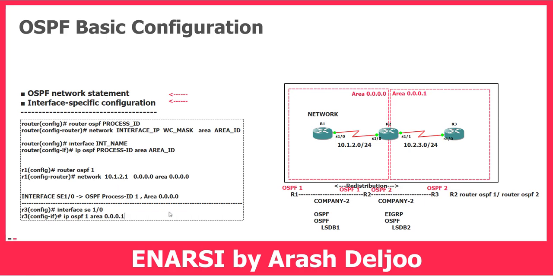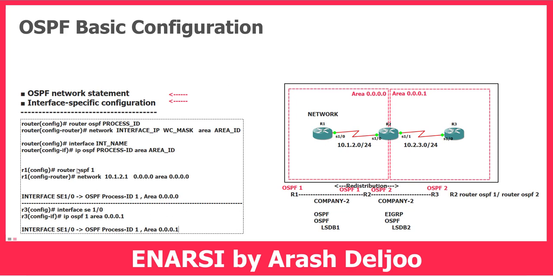With this command, as you can see, we have configured interface serial 1/0 of router 3. Why? Because we went to interface serial 1/0 and then configured it. Here you can see we are using OSPF process ID 1 again, and the area, as you can see, is 0.0.0.1.